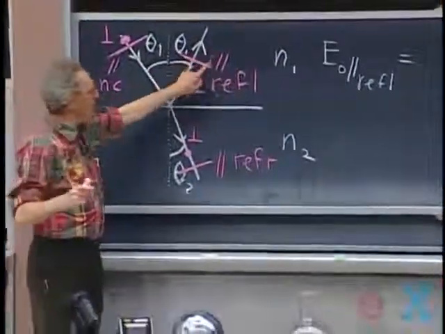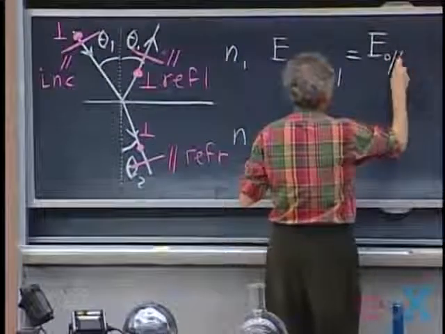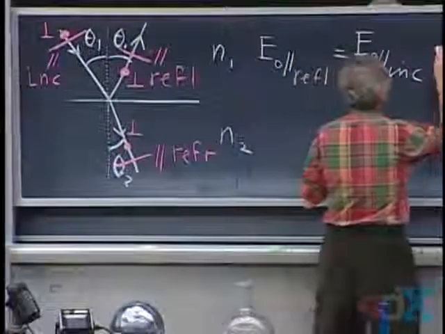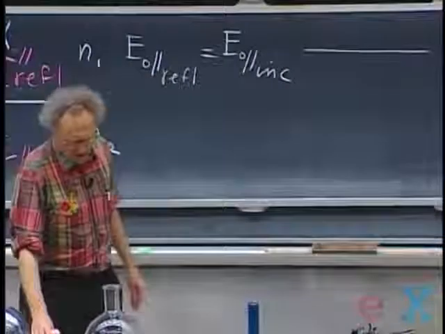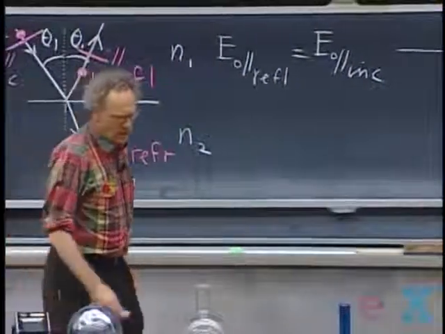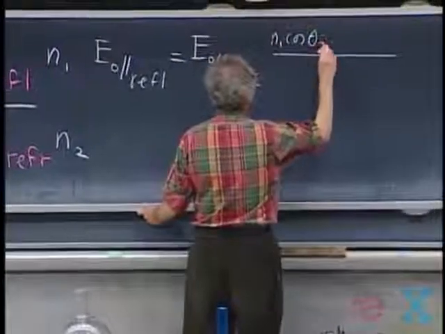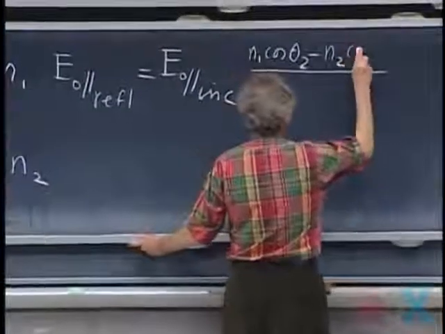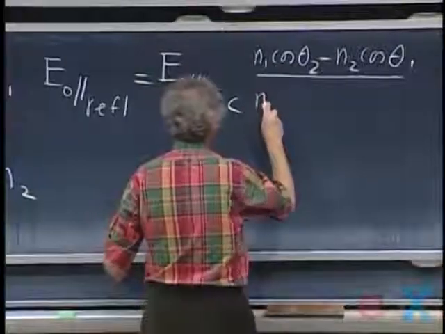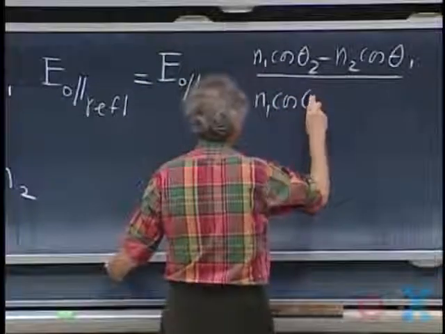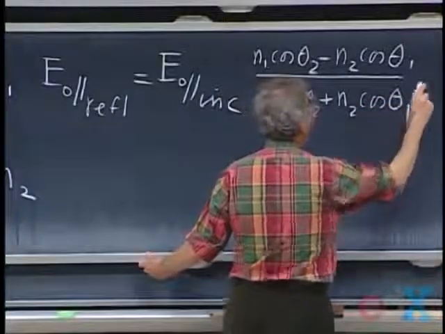I'm going to make polarized light by reflecting, is E0, the parallel component of the incident beam, times, and this depends now on the angle of incidence and on the indices of refraction, N1 times the cosine of theta 2 minus N2 times the cosine of theta 1. Believe it or not, all of this follows from Maxwell, divided by N1 times the cosine of theta 2 plus N2 times the cosine of theta 1.